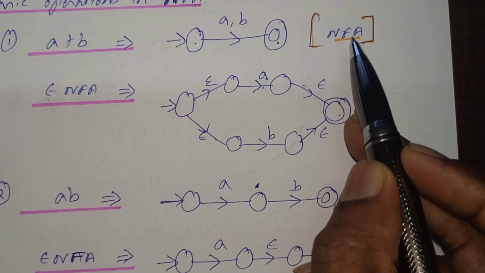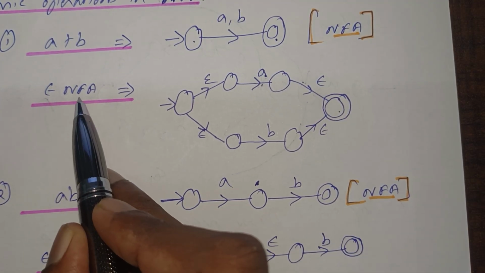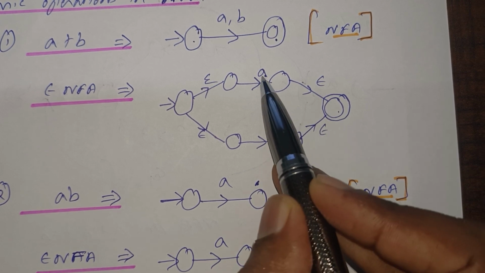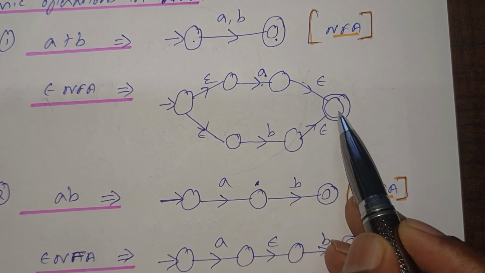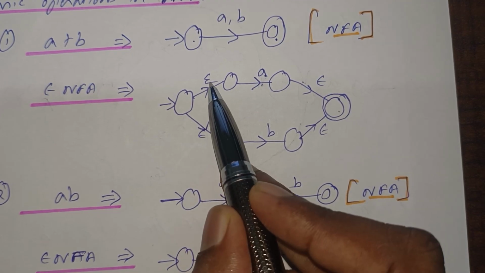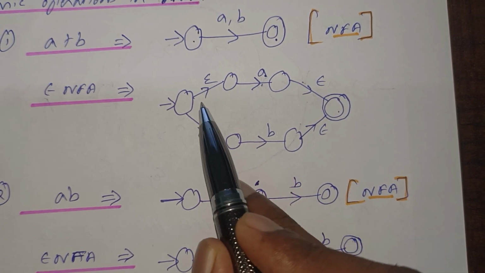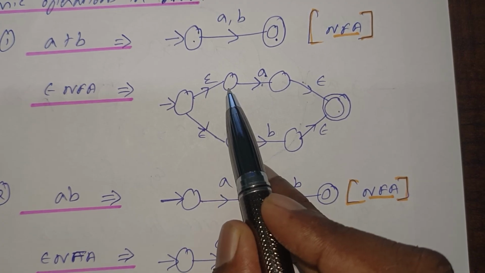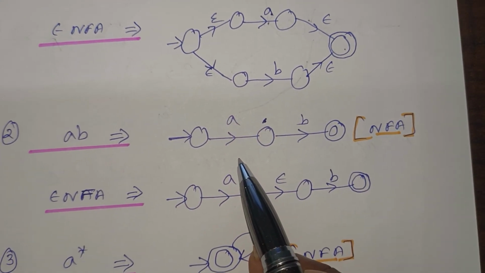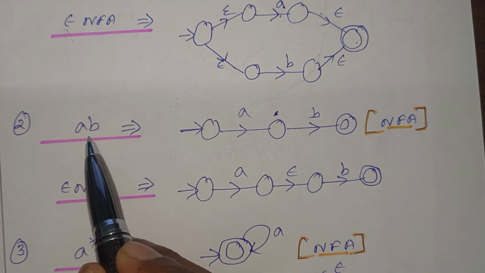If you draw the same transition diagram in epsilon NFA, we have parallel paths ending up in an end state. Here we use epsilons to move from one state to another state without passing any input, as epsilon is a null move.